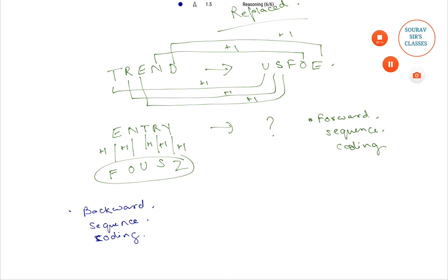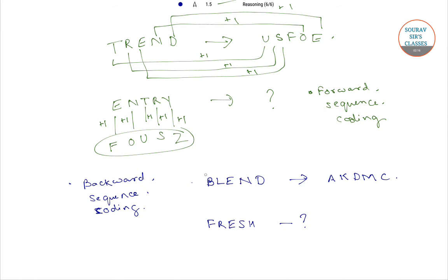For example, here we are given that BLEND is coded as AKDMC, then how will FRESH be coded as?